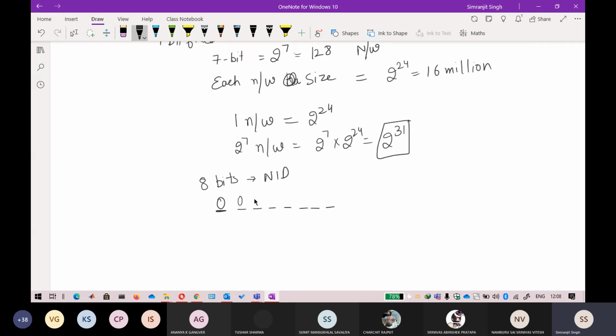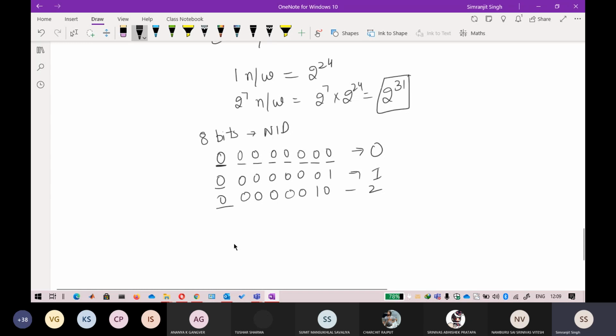You start with it. The first network will be given as the number 0. So this bit is fixed here. The second network will be given as the number 1. The third network will be given as the number 2. Because 0 is fixed, you cannot do anything about it, so you can go till the end.